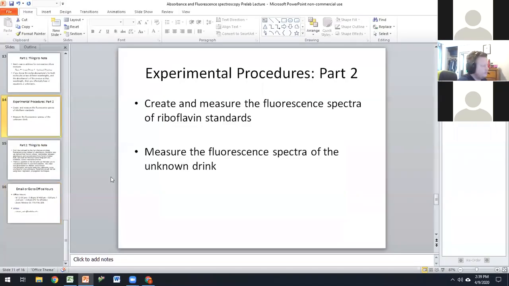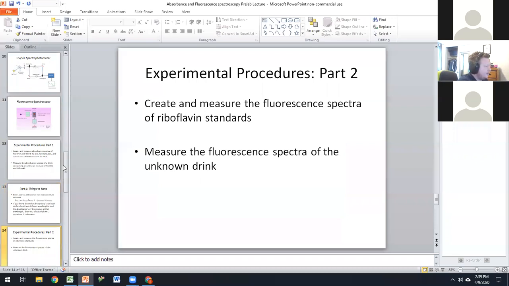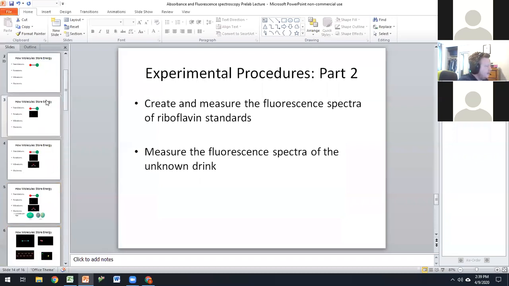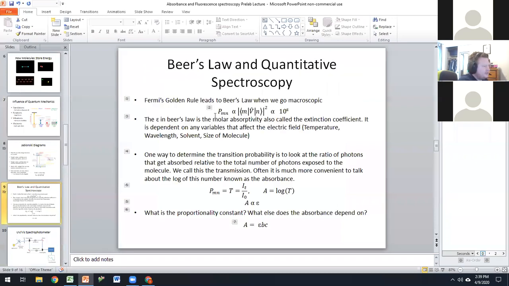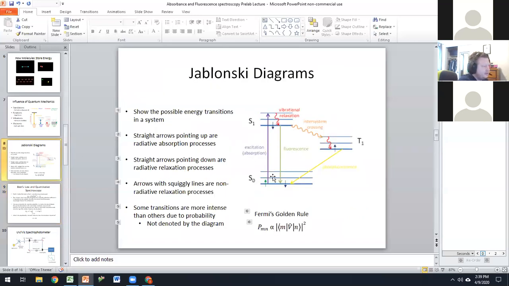Fermi's golden rule, again, if we go back, is just the probability of a specific transition. So this transition going from here to here, it's just the probability of that. And that's what we care about: how much are we putting in, and how many of those actually end up becoming fluorescent photons?